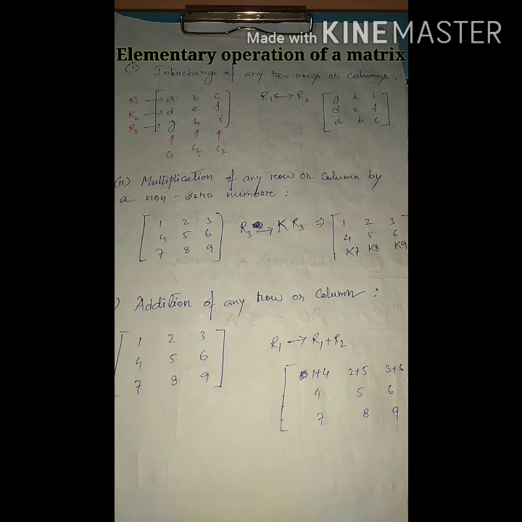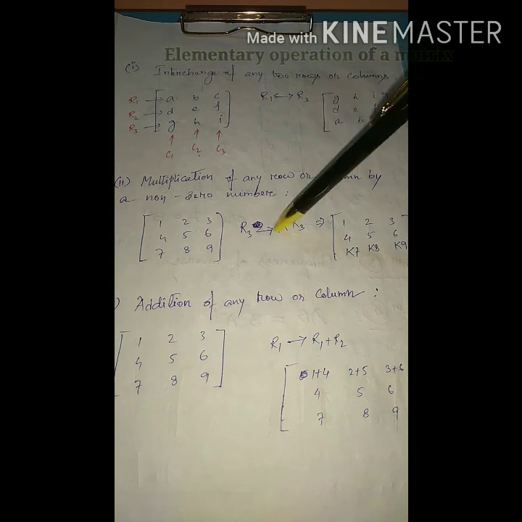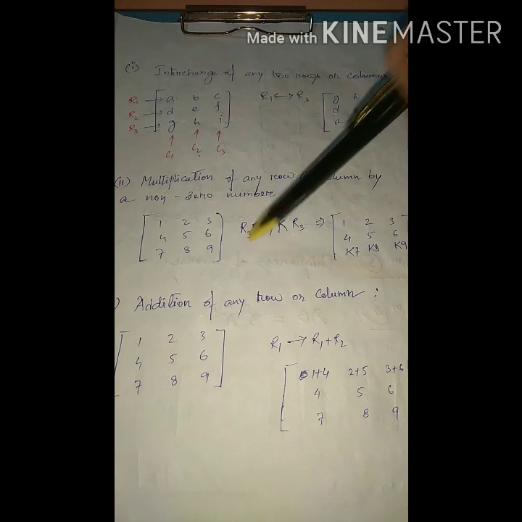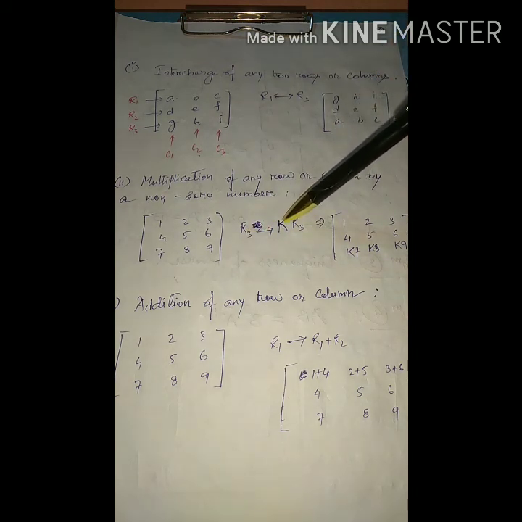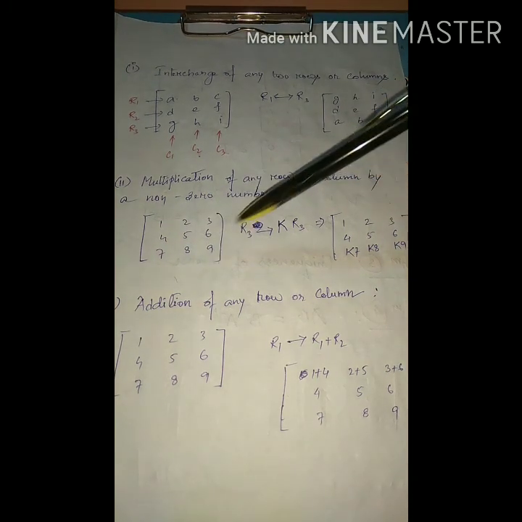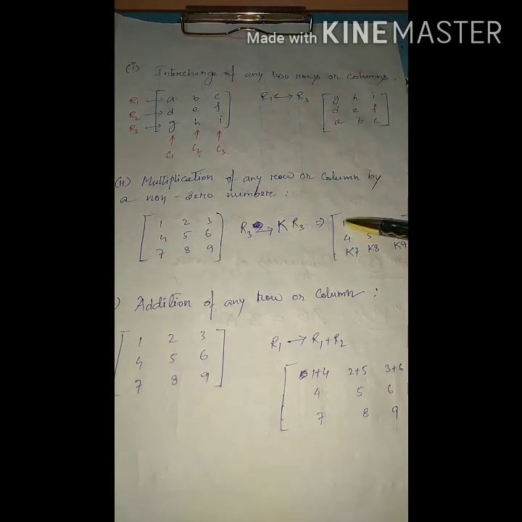That means we multiply a scalar with it, k into R3. So with row 3, we multiply each and every element by k. The other two remain the same, and R3 is transformed, so we write k7, k8, k9.